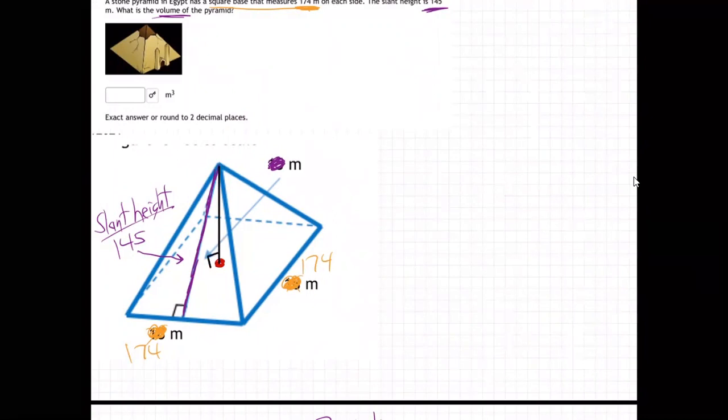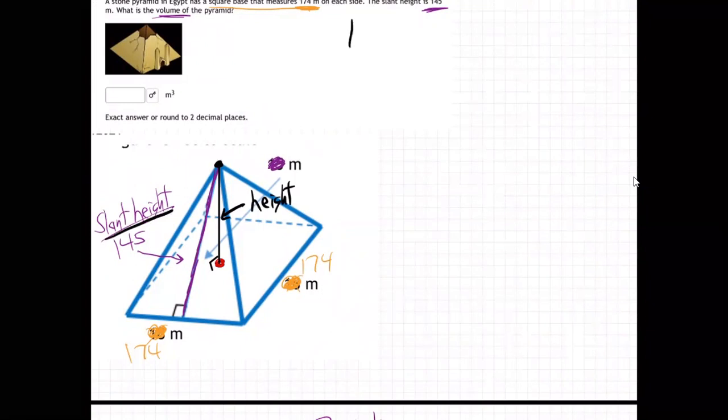I'm just struggling with the drawing, but all right, good enough. That's the actual height, the height of the pyramid, from the tip top straight down to the middle. That's different than the slant height, which they told us is 145.